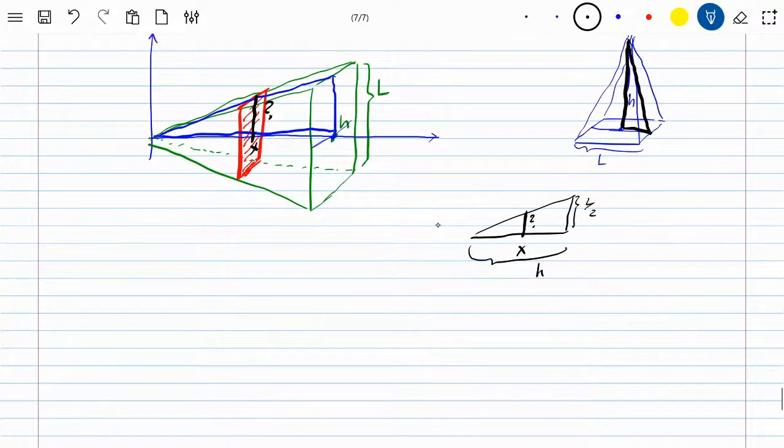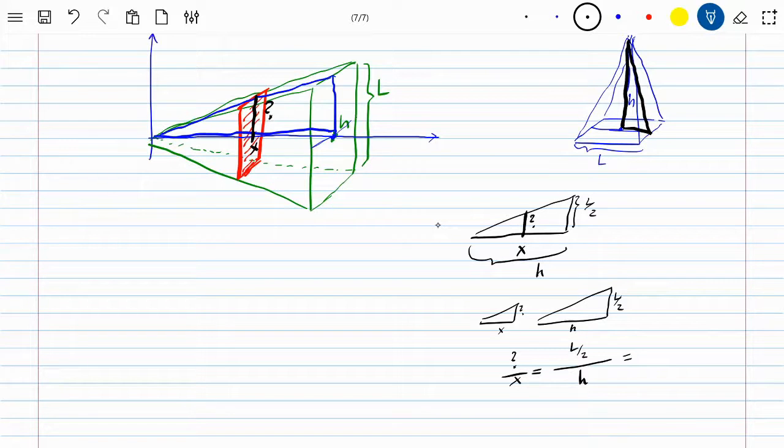One of the properties of similar triangles: if you compare the smaller triangle with the larger one, the ratio is always a fixed number. So question mark divided by x equals L over 2 divided by h. This is one of the properties of similar triangles.